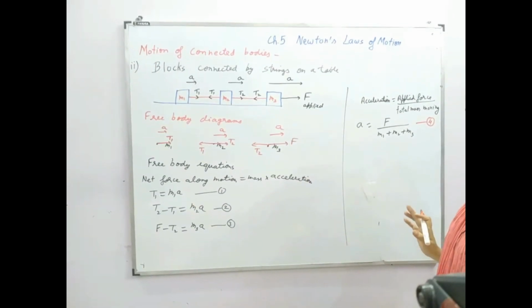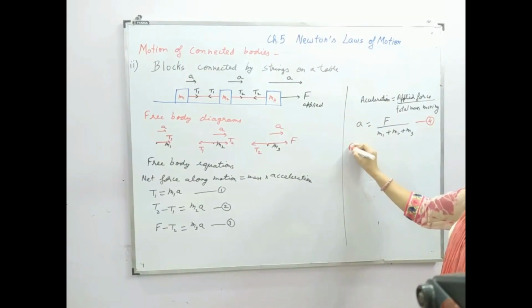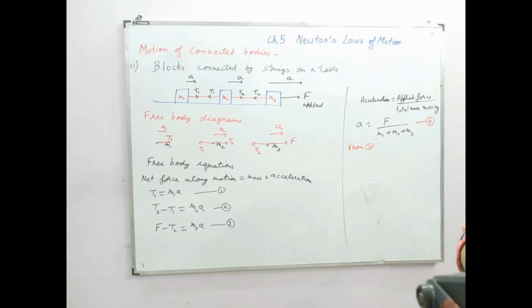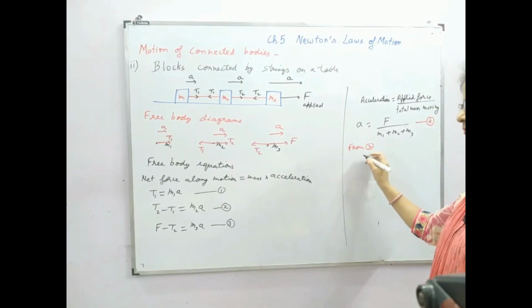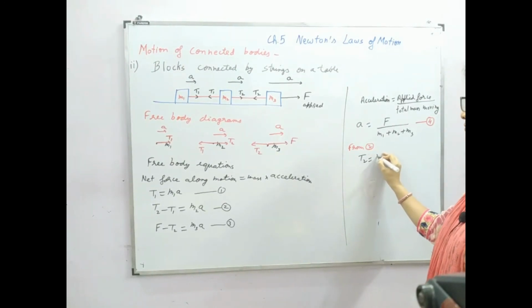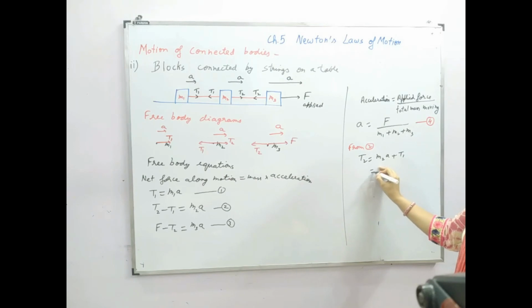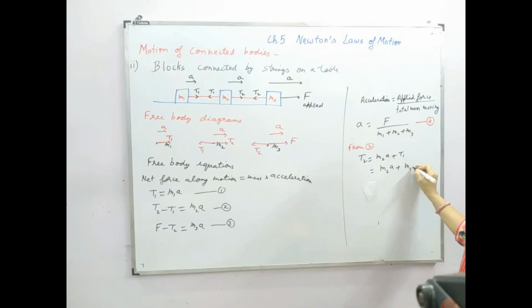I can simplify this formula. See, T1 is already simplified from equation 2. I can simplify that so that you can apply it directly later on. So from 2, T2 is equal to M2A plus T1. Yeah, and we know that T1 is M1A, from equation 1.